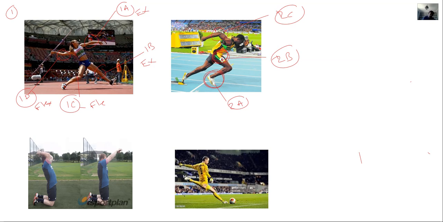So 2A, we know it's a hinge joint. We know it's at the ankle. It can only be one of 2 movements, plantar flexion or dorsiflexion. The foot is pointing. If it's pointing, we know it begins with P, so that's plantar. The hip, this isn't particularly obvious, and it's a difficult one, but that is flexion at the hip. The hip joint is not straight, the angle is decreasing, so that is going to be flexion.